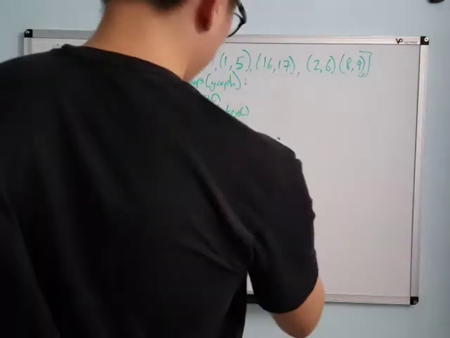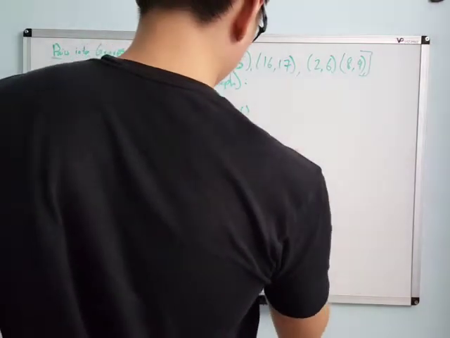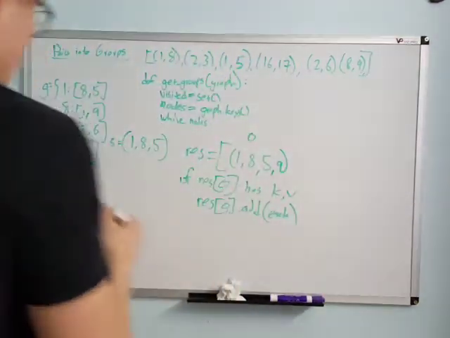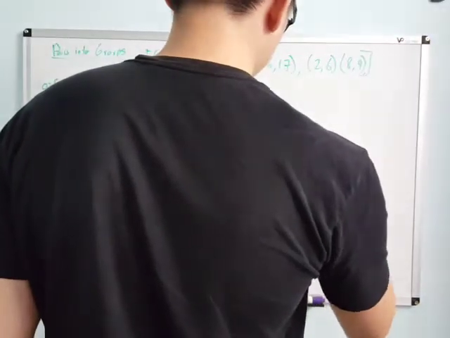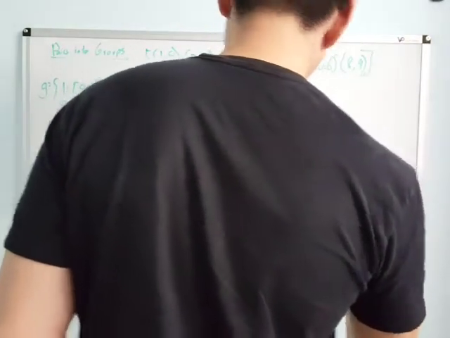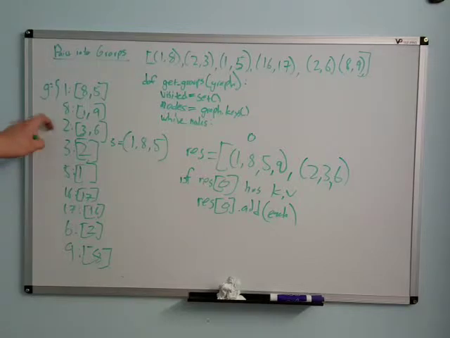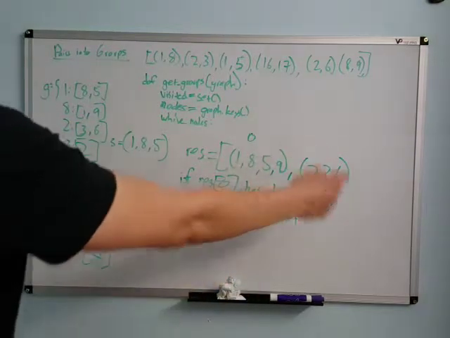So we would now have this. Go to the next one. None of these values has 2 in them, so we would add 2, 3, and 6. We would continue. We would see 3, and 3 is in this one.